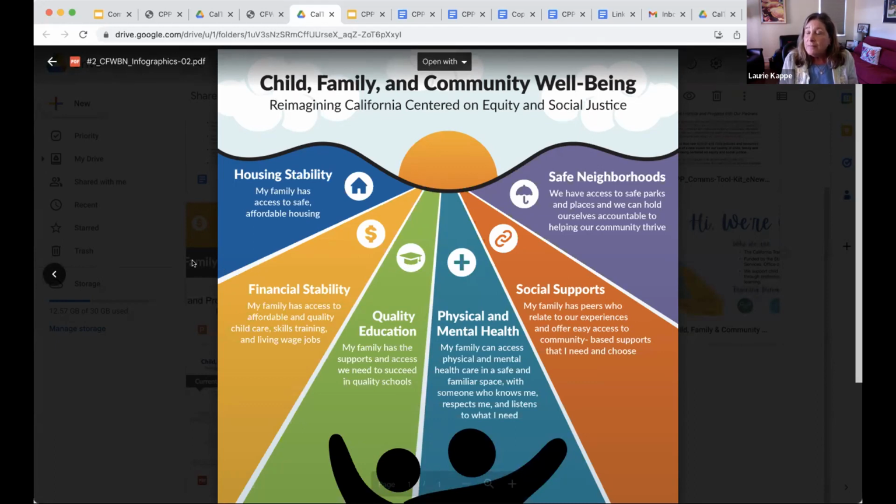We want to reimagine California centered on equity and social justice. And to get there, and this infographic, I just want to say, was developed over almost a 2-year period with extensive focus groups, extensive interviews, extensive discussions to collect what we thought would be a vision that we can all adopt and adapt.